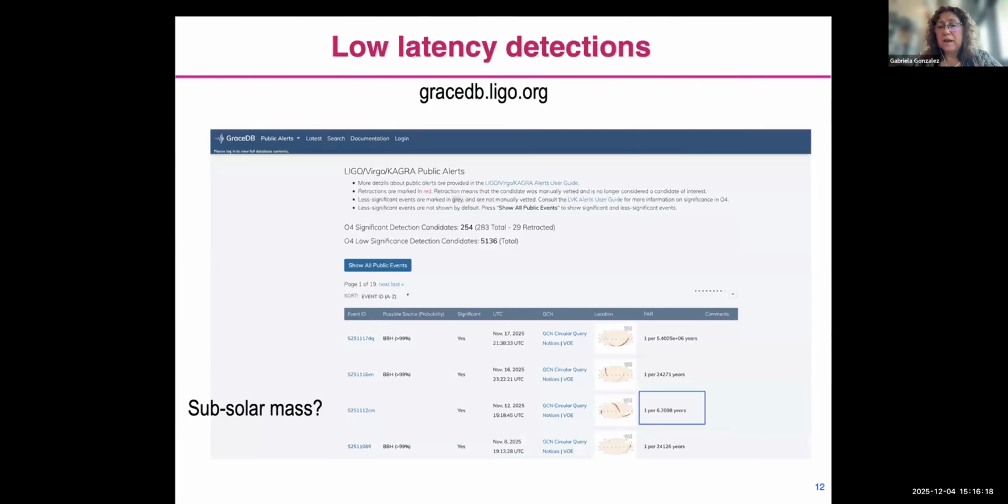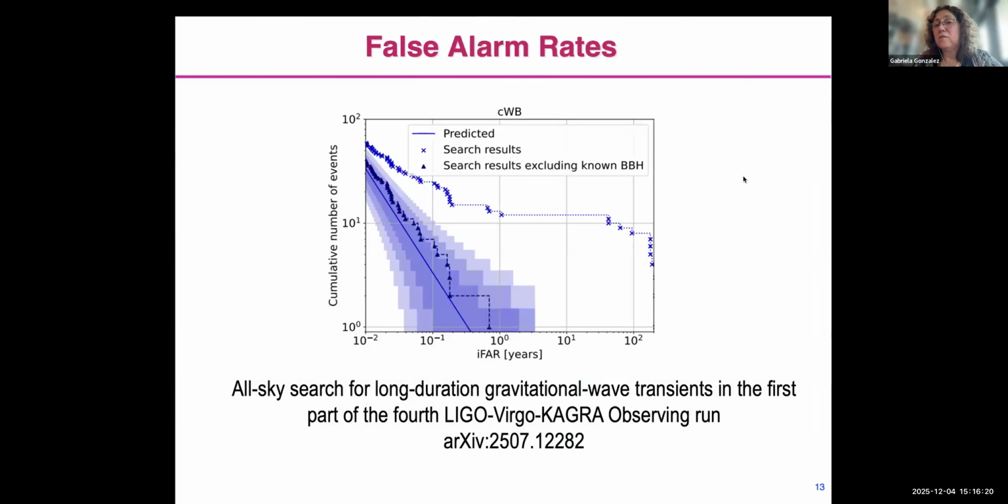But on top of that, we have many, many transients, and those transients look like signals, especially if you're looking for unmodeled signals. This is one of the last papers that has been posted. It's been under review, the search for gravitational wave transients.